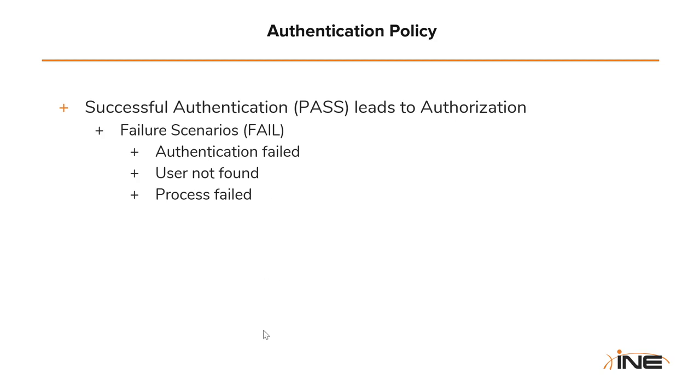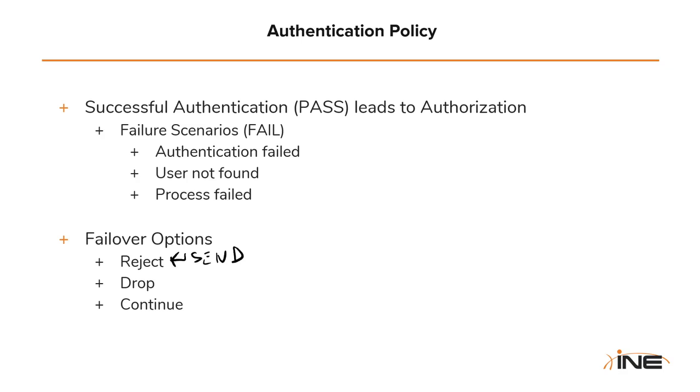And for those 3 cases, ISE gives you a chance to specify how to handle this situation. You can either send a reject packet to the connecting client, to the NAD, to tell it that authentication failed.